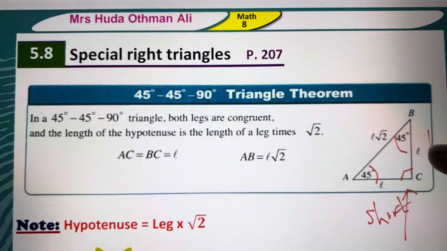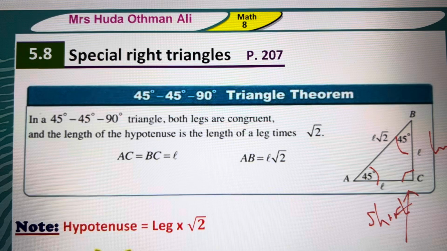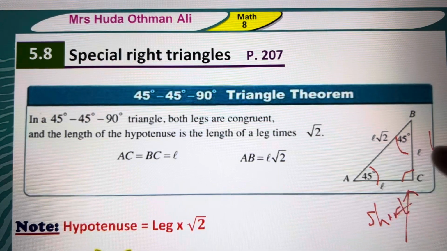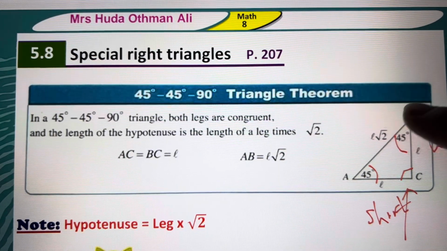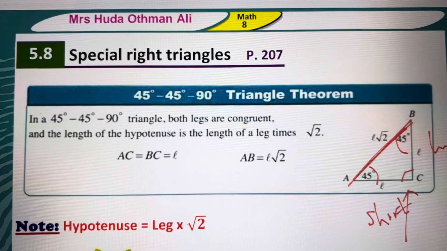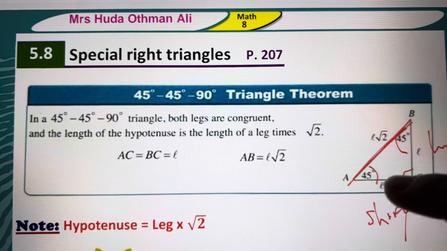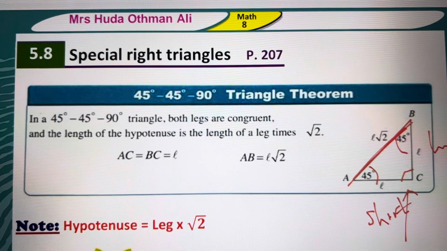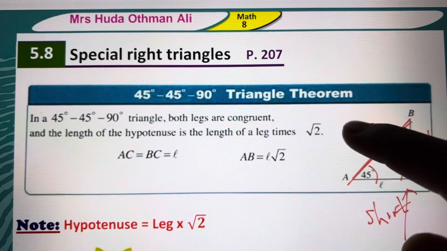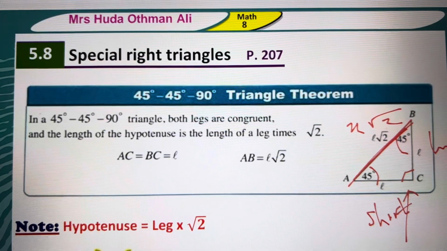The short side and the long side, both of them will have exactly the same number, so we can call it X and X or L and L. Now, the other side is the longest side, which is the hypotenuse. The rule for the hypotenuse, when the angle is 45, is X square root of 2 or L square root of 2.